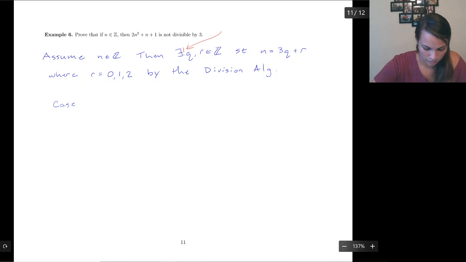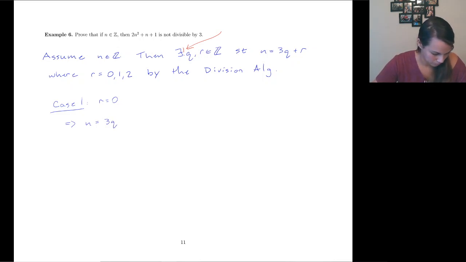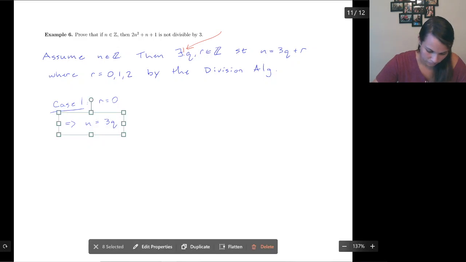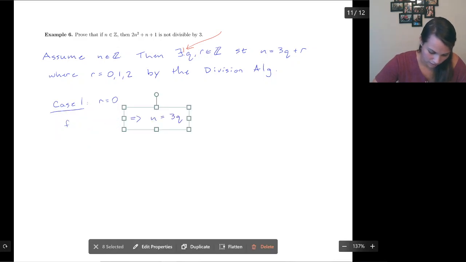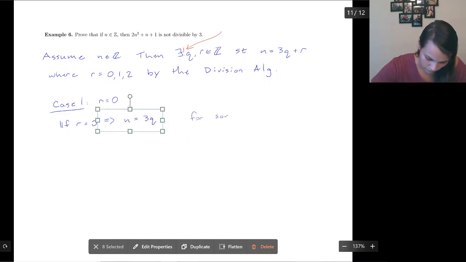So let's go in with cases. Case 1. n is divisible by 3. Then I can write n equals 3 times q. Or, if r equals 0, then I can write n equals 3q for some integer q.